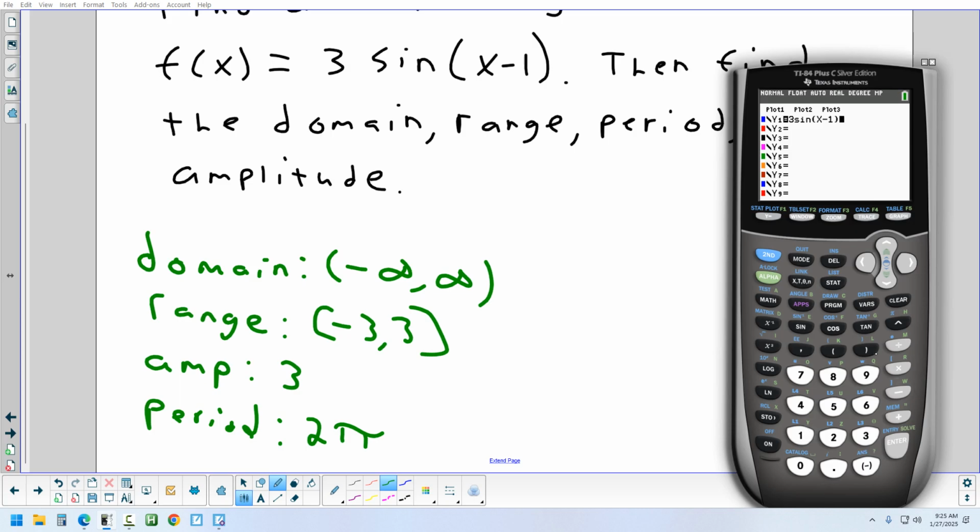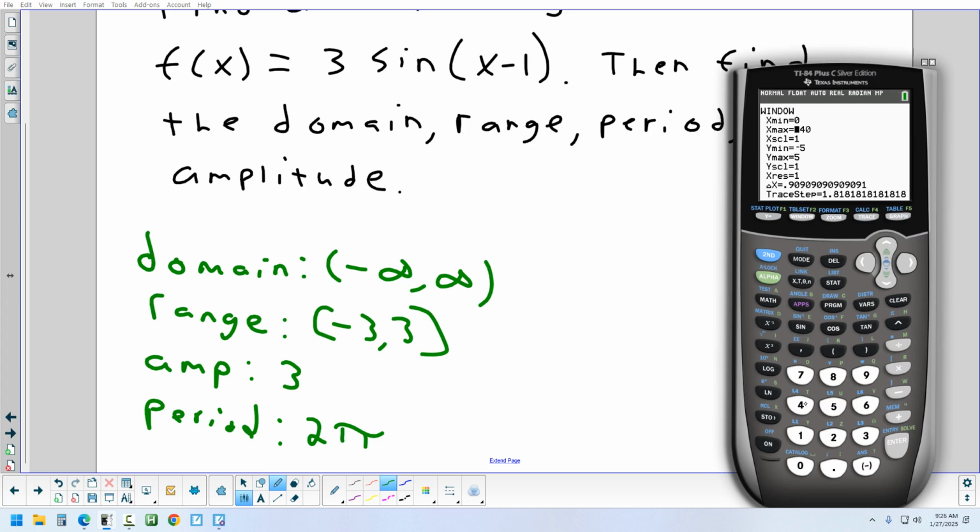If you don't adjust your window, it's not going to look right if you're trying to show 2 cycles. So it's 4 pi. Yeah, so let's do 0 to 4 pi. Now, we're going to break a cycle in kind of a weird spot because we've shifted it to the right 1 unit. That's fine. We're just not going to see the wave starting on the x-axis.